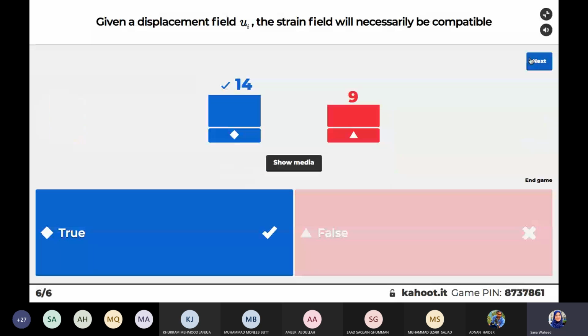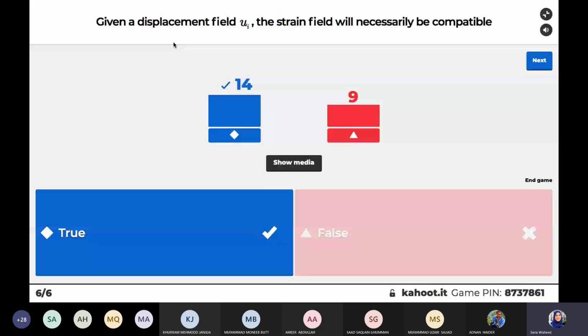Okay, so we're split between the answers a bit, right? The question is that if we already know we have a given displacement field, and we use that displacement field to find our strains, then the strain field will be compatible. Now this is actually true. Because as we discussed, the issue arises when we're going from the strain to the displacement.